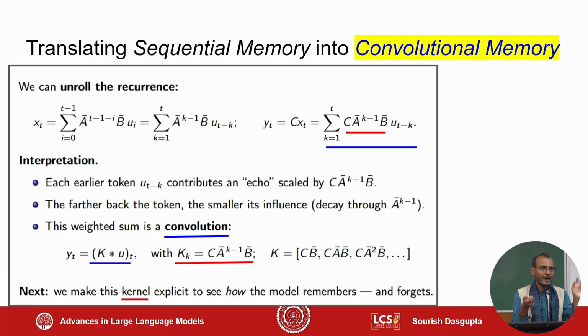It is kind of like what Raku was trying to do with the alpha and the beta, where alpha was doing the exponential decay and beta, which is the update gate, was trying to bring back some of the information if it is required.